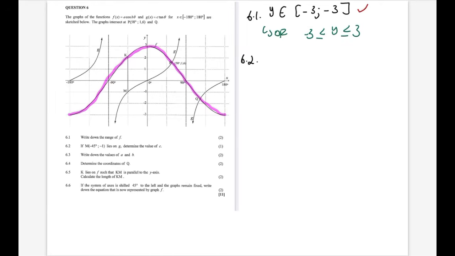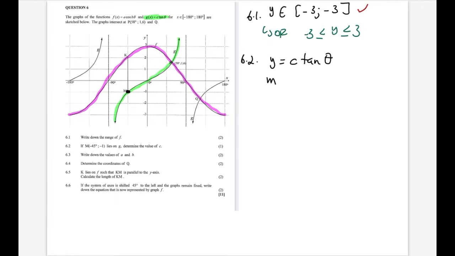In 6.2, the question says if M had the coordinates, and this is M over here, -45, -1, and it lied on the graph of g, that is this tan graph over here, then determine the value of c. When they say determine the value of c, they're talking about this c up here, because they said that the graph of g is y is equal to c tan theta.